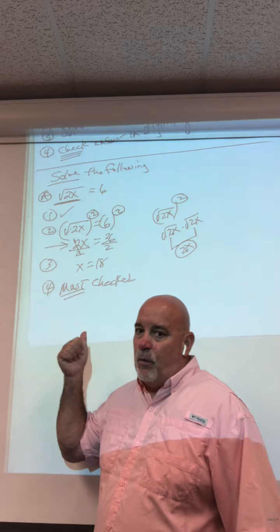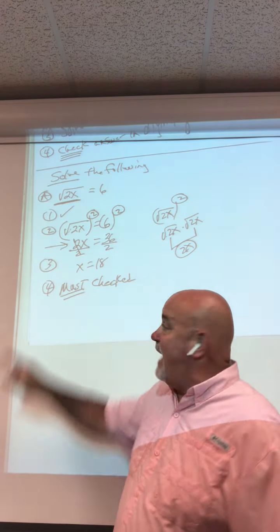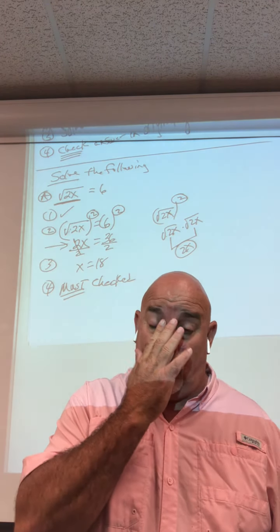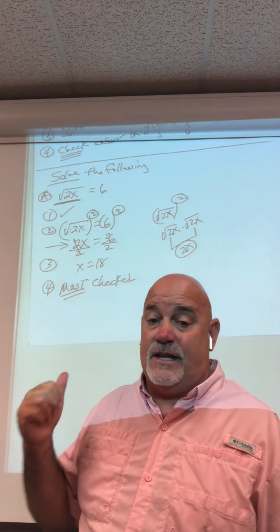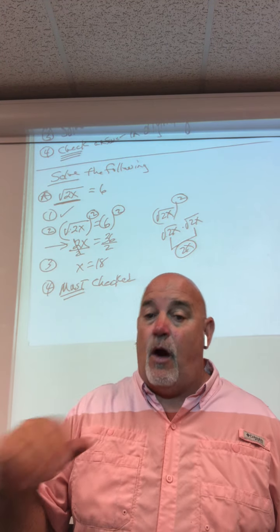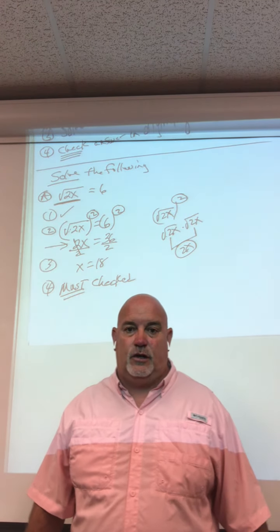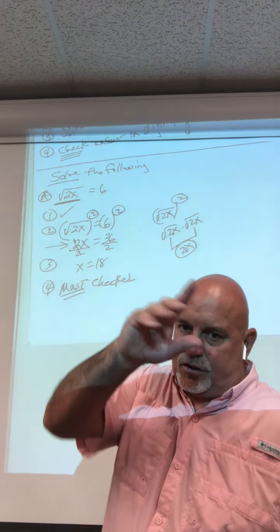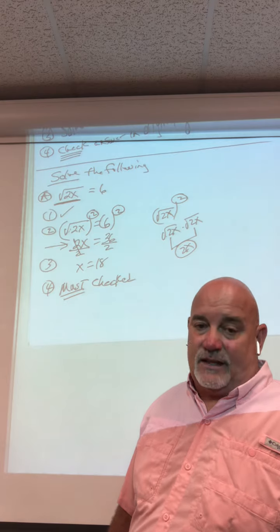So in every one of these radical equations, when you finish step 3, that answer has a 50-50 chance of working. So the answer is either going to be 18, or if it doesn't work, there's no answer at all, in which case I'll say no solution. So it's not like the other equations. When you finish it, you can circle the answer. So what I've got to do is check this.